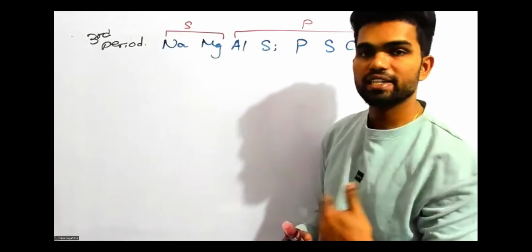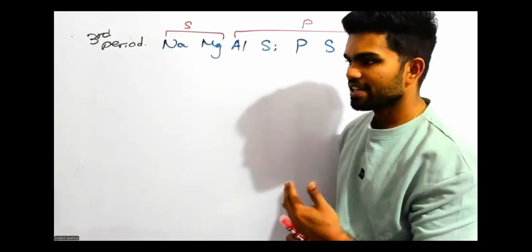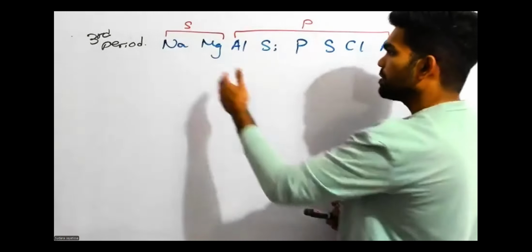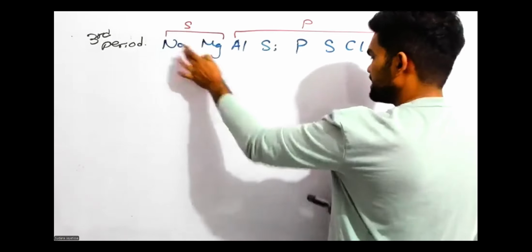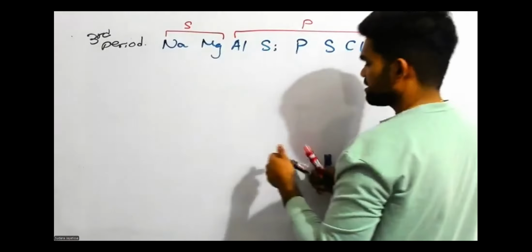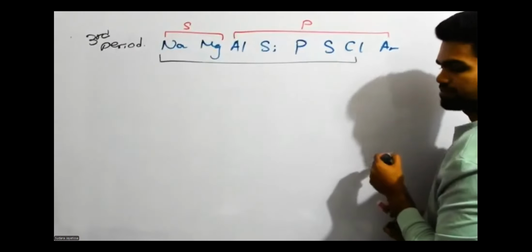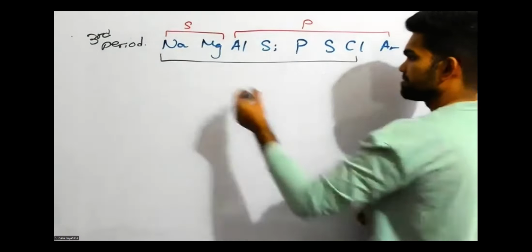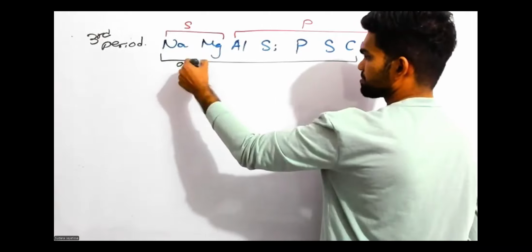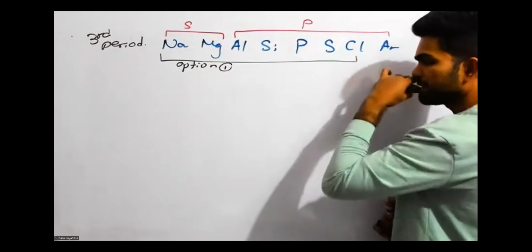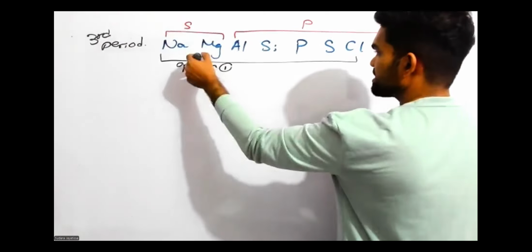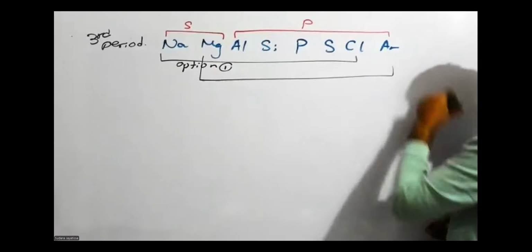What's the meaning of that word consecutive? That means they are in order. So if you start from here, either these elements can be sodium to chlorine. Okay, that's one option. Option 1. Or the other option is these elements can be magnesium to argon.